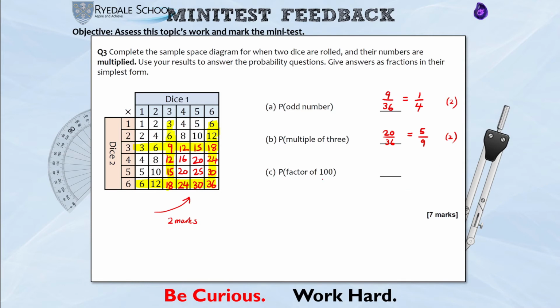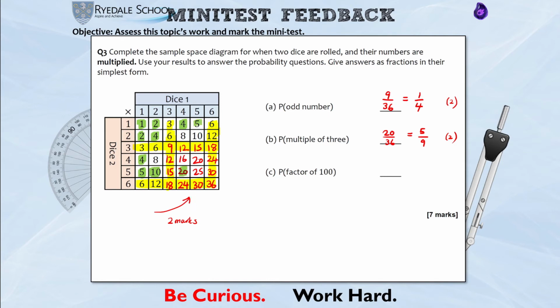And finally, the factors of 100. So numbers that divide 100 exactly. And the numbers that divide 100 exactly, well, 1, 2, 4, 5 do. 10 does as well. Nothing in the 3 column. In the 4 column, we've got 4 does, 20 does.